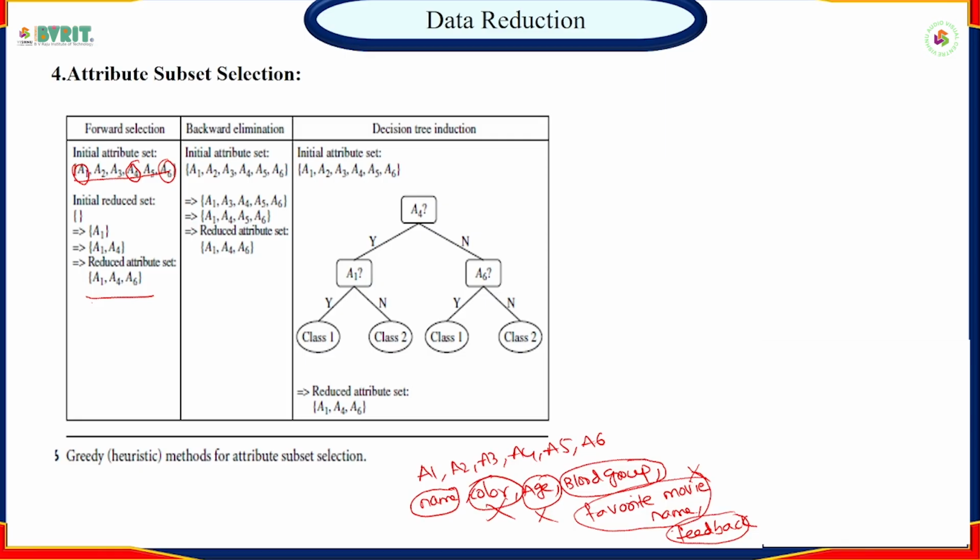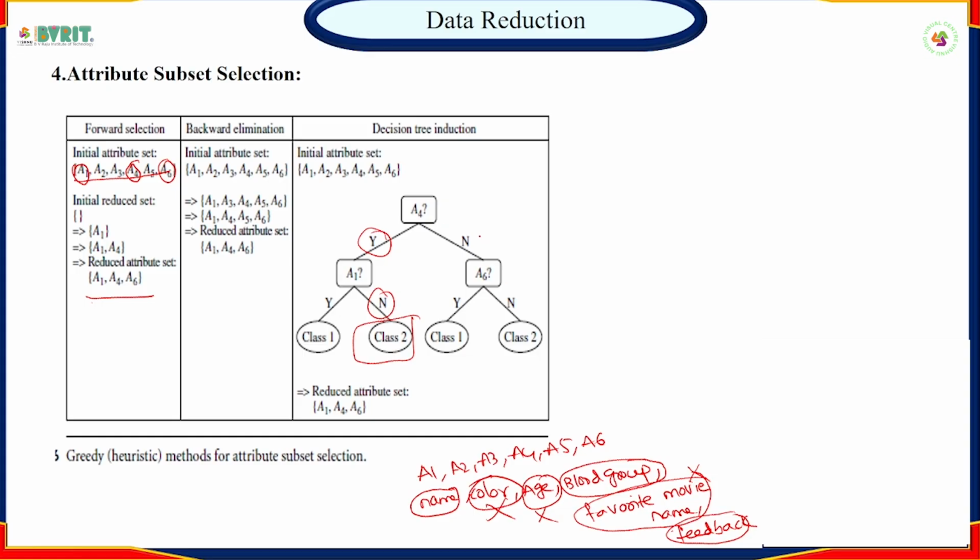Based on that, if we have A1 and A4, then they represent class 1. If it is not reflected, it goes to class 2. A1, A4 in this set means they represent class 1. In case this one is present and that one is not present, it belongs to class 2. Here also the same thing: A4, A6.